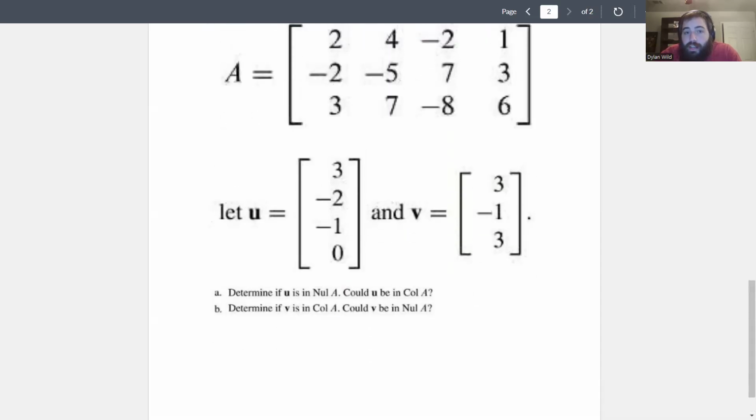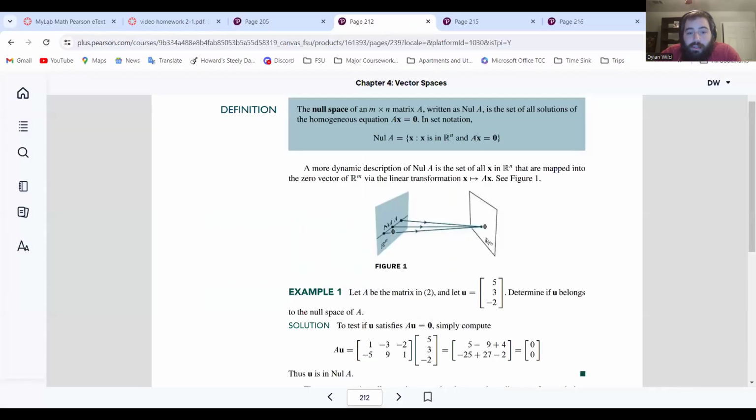The other constraint is that when I multiply the matrix A by x, that has to equal 0.